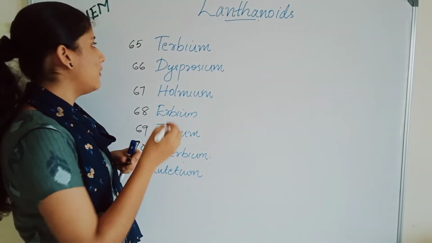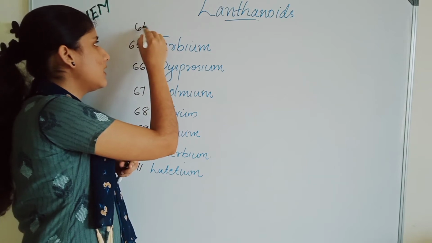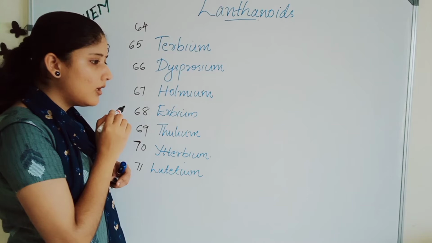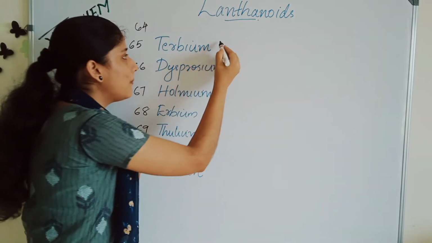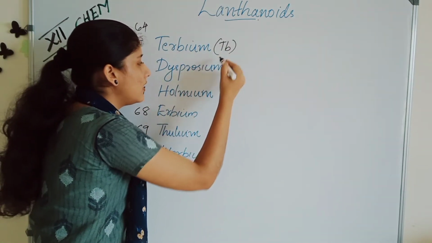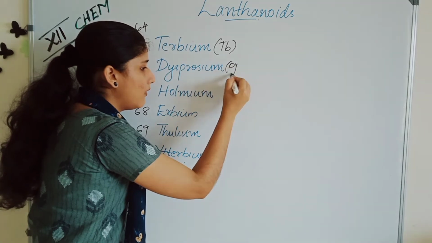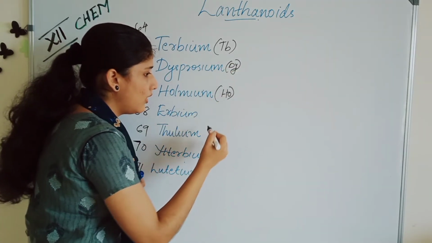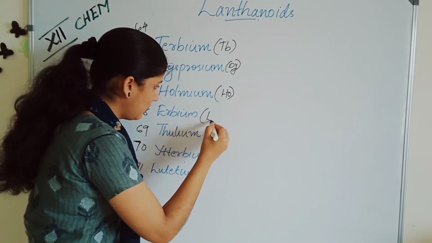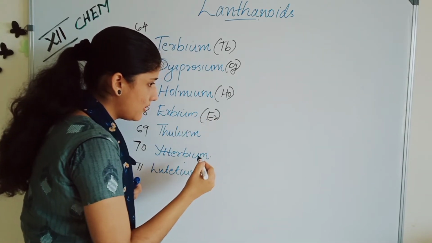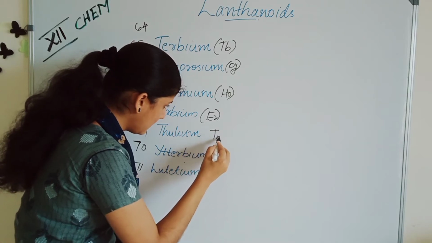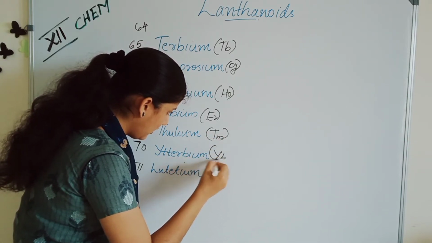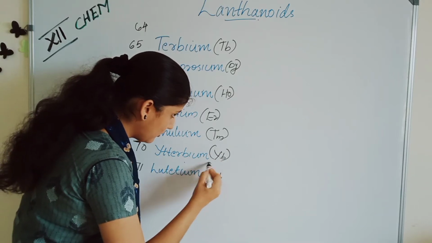Atomic number 65. We considered up to 64, gadolinium. Okay, 65 is terbium, represented by Tb. Dysprosium by Dy, holmium by Ho, and next element is erbium, Er, thulium represented by Tm, ytterbium by Yb, lutetium by Lu.